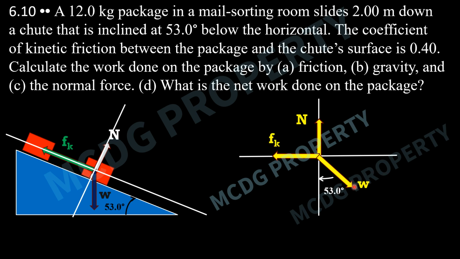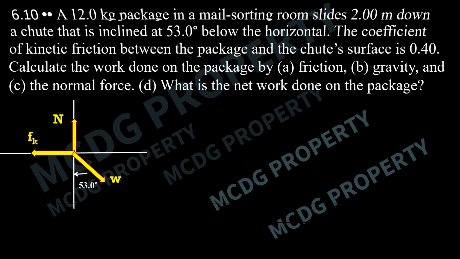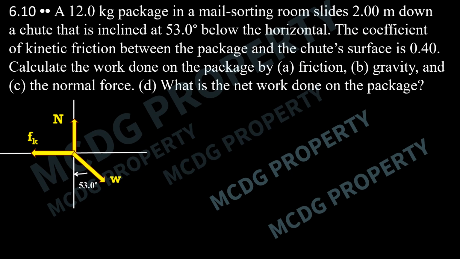And again, the weight will make an angle of 53 degrees with respect to the vertical. Now, once you have drawn the free body diagram, we can now apply Newton's laws of motion, the appropriate Newton's laws of motion, to solve for the unknown forces.